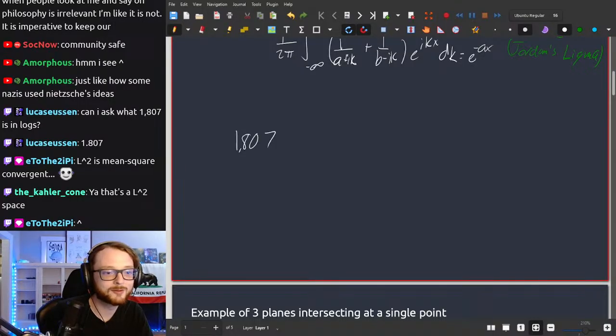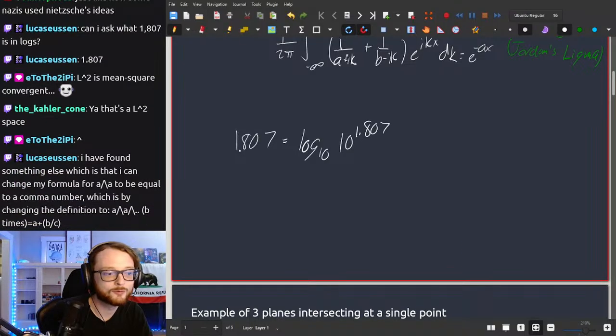But either way, the answer is the same, which is you have to choose a base. Like if I choose log base 10, it'll just be 10 to the power of 1.807, whatever that is. I should maybe put parentheses there to make it more clear.